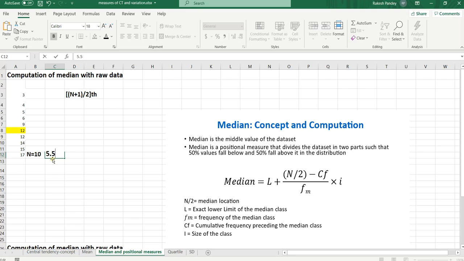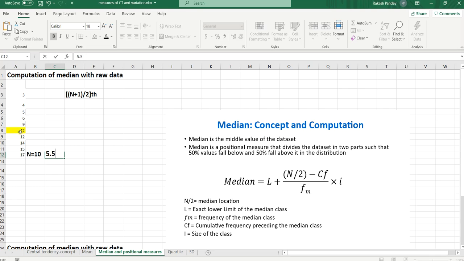In this condition, what we do is we take the whole number of this, so 5 is the whole number. We take the fifth value and then the next value, that is the sixth value.